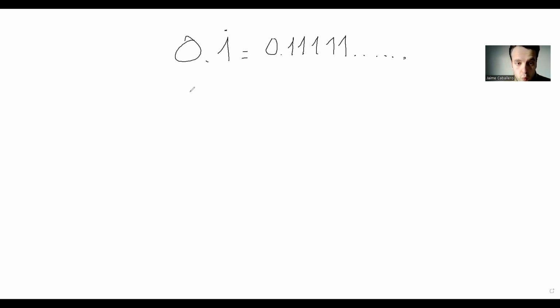Let's see. We are going to use x. We're going to call that fraction x. We're going to say, 0.1 recurring is a fraction, I don't know which one it is, so I'm going to call it x. This is why x is so useful. The method goes like this. First off, I'm going to multiply my fraction that we don't know yet by 10.